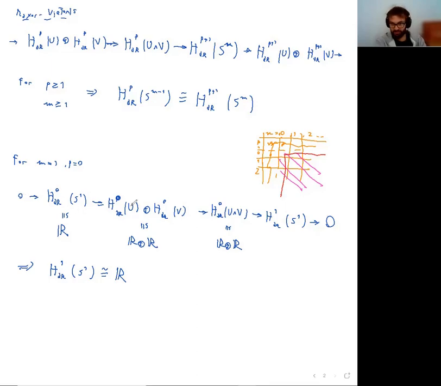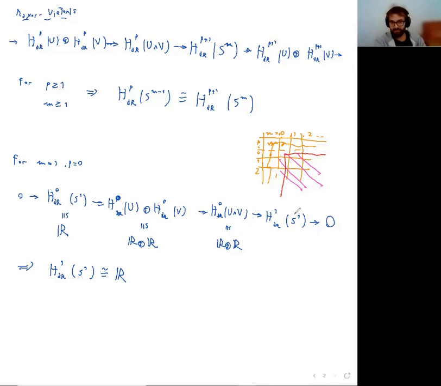Okay, so this must be injective. So here, the image has dimension 1 inside here. So the kernel of this map has also dimension 1. The kernel of this map has dimension 1. So the image again has dimension 1. So the kernel has dimension 1.